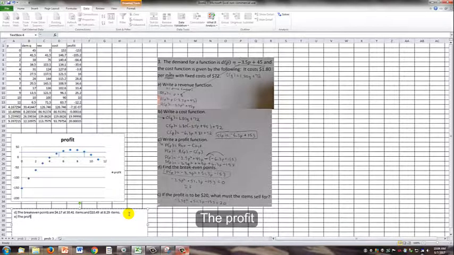The profit is $20 at a price of $5.26 and 26.59 items, or $9.40 at 12.11 items.